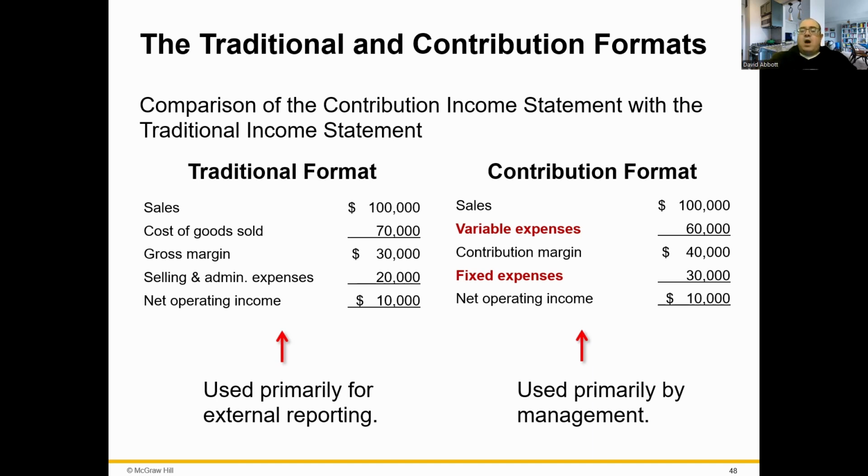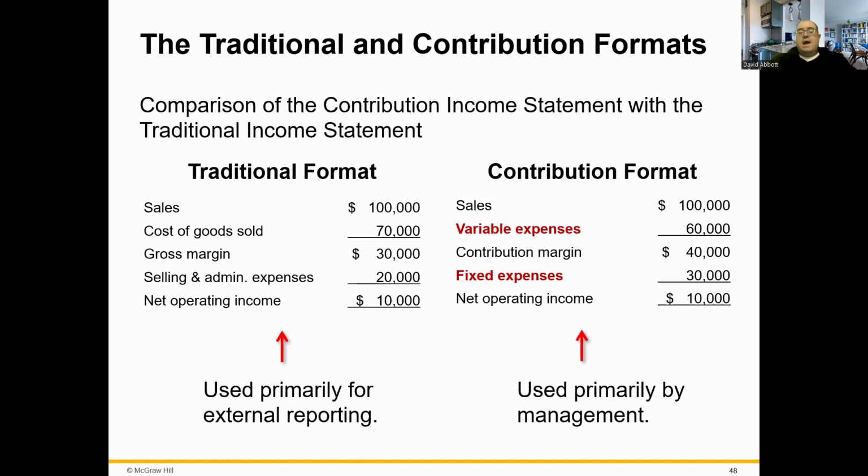The net income or profit is going to show the same regardless. What is different is how your costs are broken down, and you wouldn't necessarily want to give that kind of detail to somebody outside the organization. So that's why you'd use the traditional format externally and the contribution format internally.